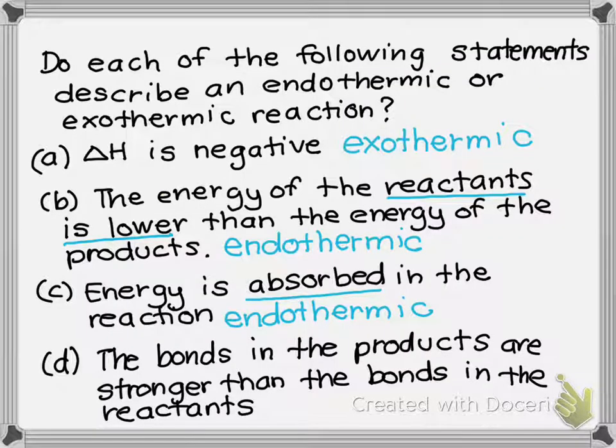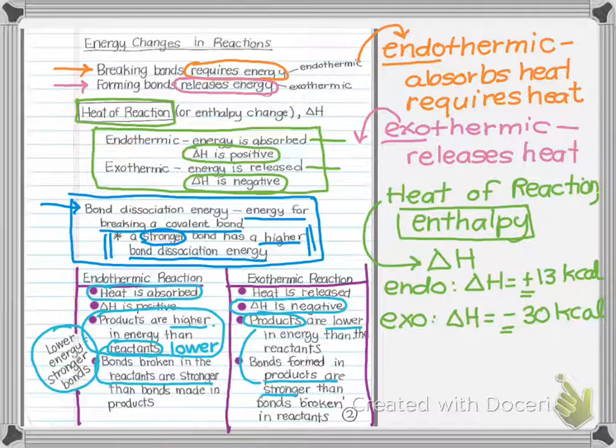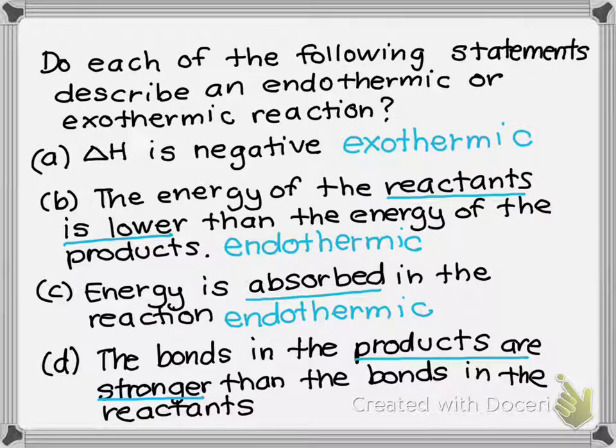And then letter D, the bonds in the products are stronger than the bonds in the reactants. Well, I know they're lower in energy if they're stronger. So the bonds in the products are stronger, which means they are lower in energy. So that is exothermic.